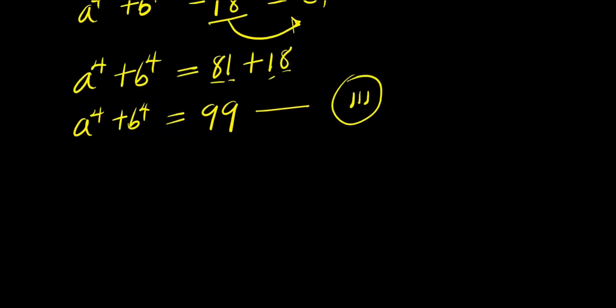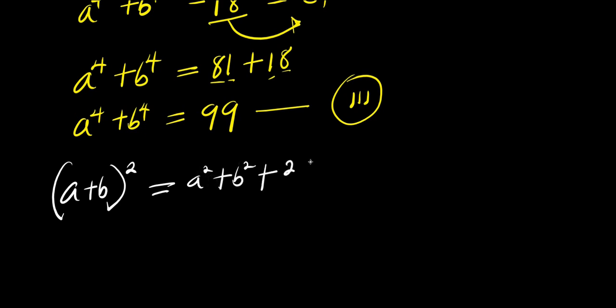Now, from this particular equation, let's consider this identity again. If you have a plus b raised to the power of 2 and you want to expand this, that means you have a squared plus b squared plus 2 times ab.